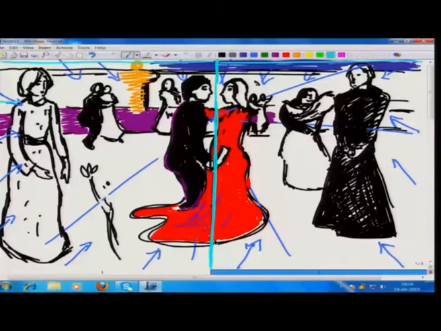So, if we have a white, we also have a black, we have a black coat, a male, we have a red, a female, and that way we have imageries that are duly complementary with each other.